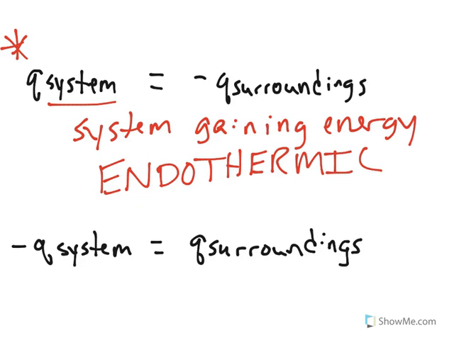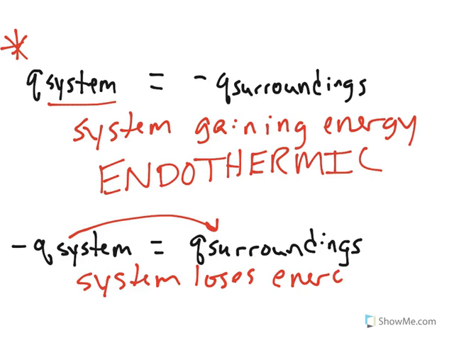If your system is gaining the energy, that is an endothermic process. Down here, the system is losing energy to the surroundings. So again, as the system loses energy, we've defined that as an exothermic process.